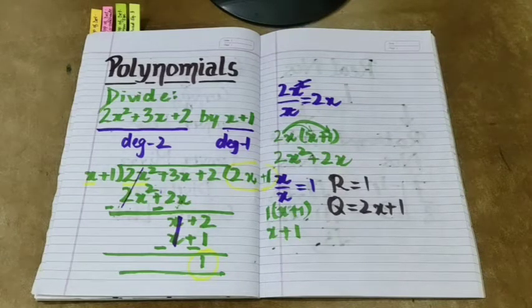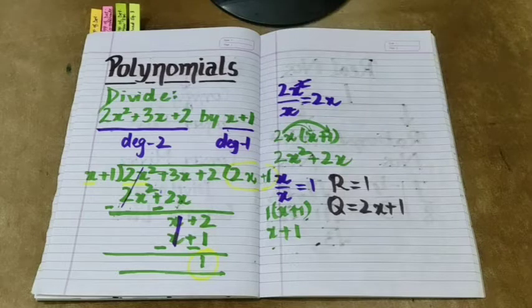In polynomials, last time we discussed the division of polynomials. We saw how we can divide one polynomial by another polynomial and what conditions should be satisfied for the division of two polynomials.